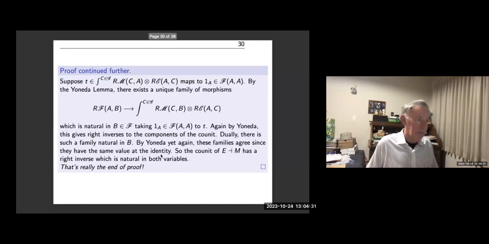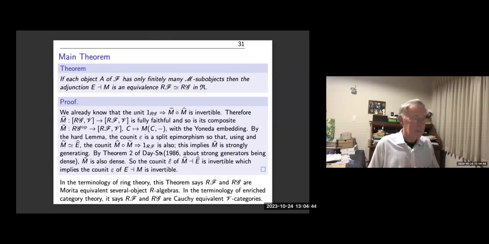to get this property. So that's still only telling you that the unit is an isomorphism, the co-unit is a split epimorphism. But then this is kind of like the Gabriel-Popescu theorem, where you have a sort of fullness, but the hard part is to prove fullness, and that happens.